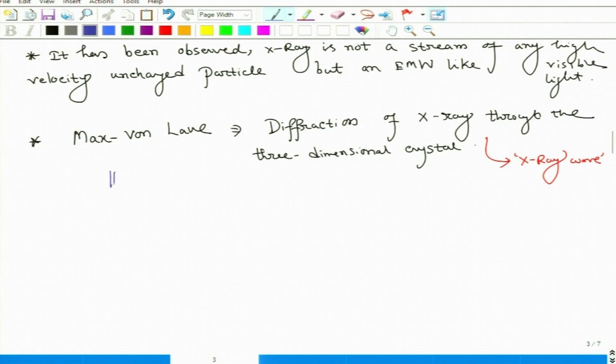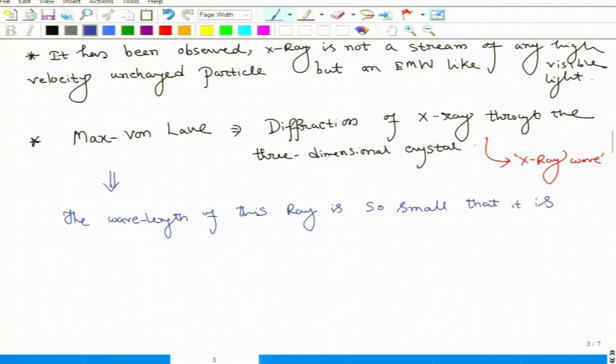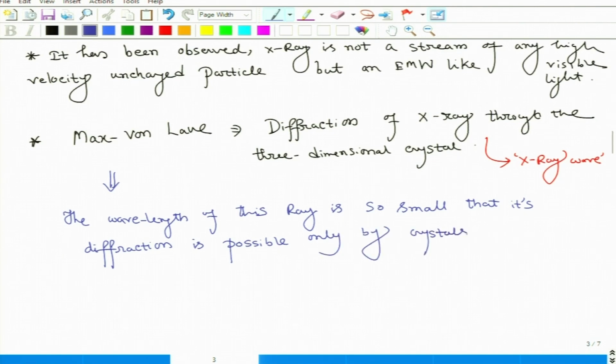Then what was the outcome? The outcome was that the wavelength of this ray, that means the X-ray, is so small that its diffraction is possible only by crystals having a spacing of 10 to the power minus 8 centimeter.